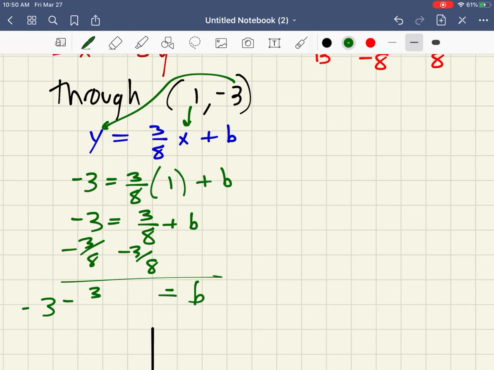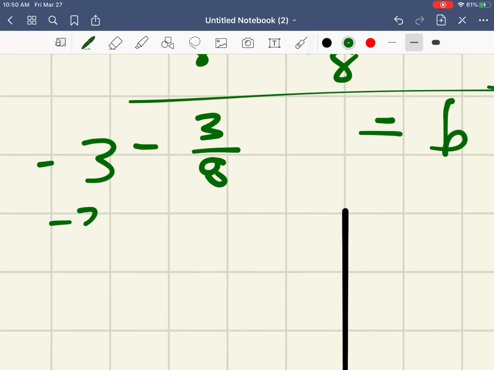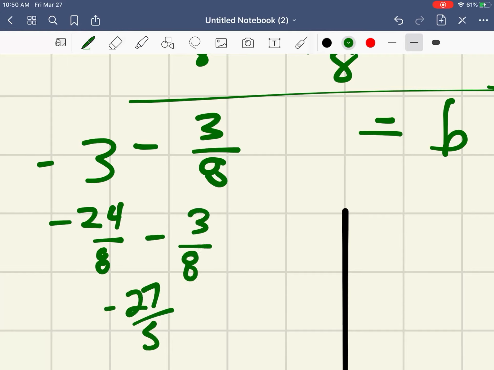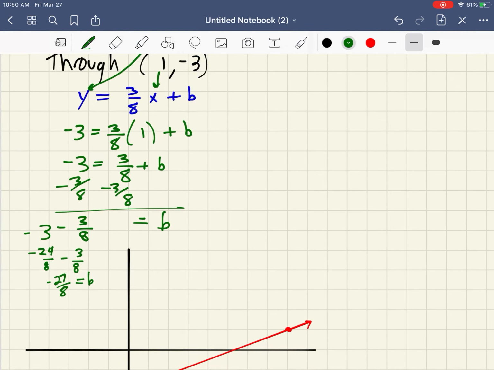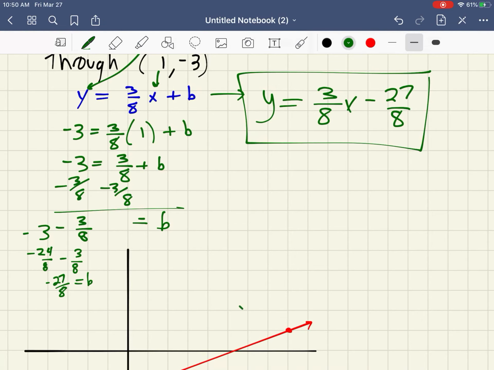And b equals negative 3 minus 3/8. Negative 3 is negative 24 over 8. Minus 3 over 8 would give me negative 27/8. That's my b value. Now, plug that in, and I will have my equation. 3/8 x minus 27/8. And that's the equation I'm looking for.